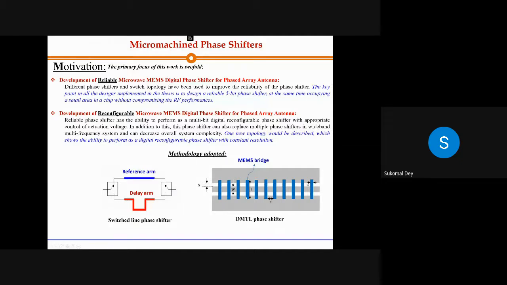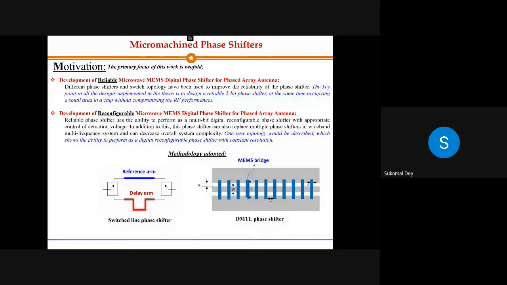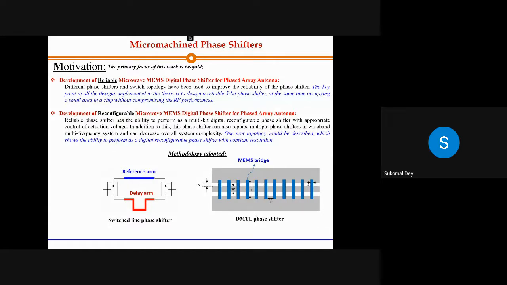You have an impedance of 55 ohm. Then you actuate the switch, increasing the capacitance again, and you reduce the overall impedance again, say close to 50 ohm. So between the change from 55 ohm to 50 ohm, you get the phase shift.